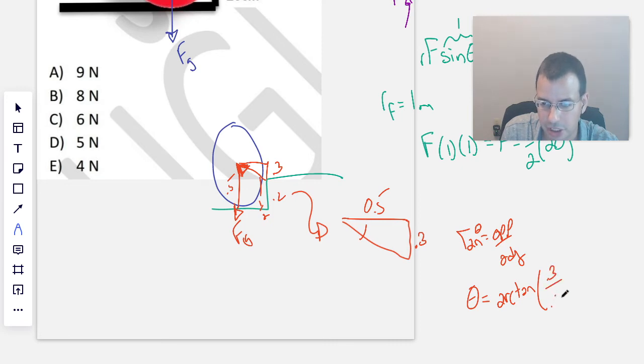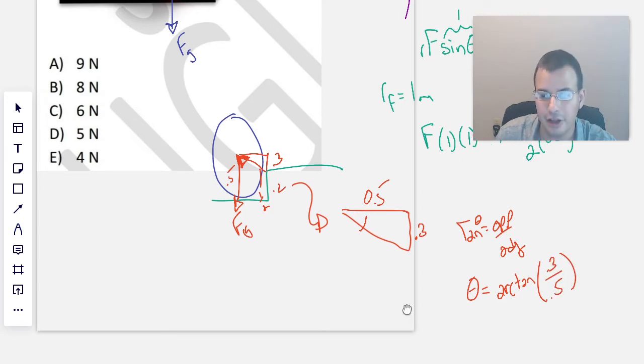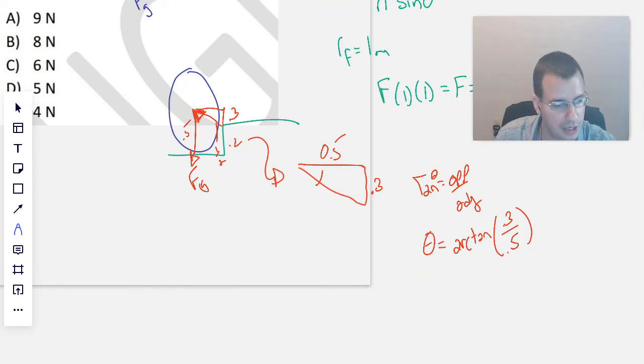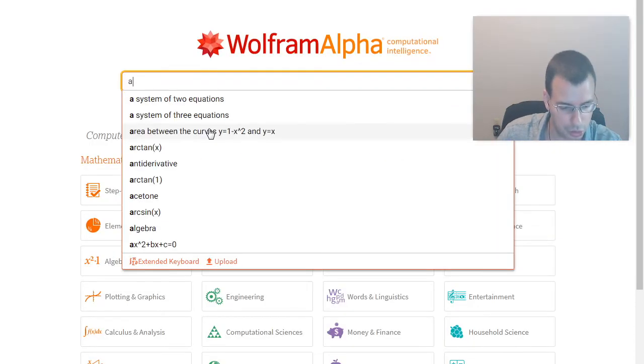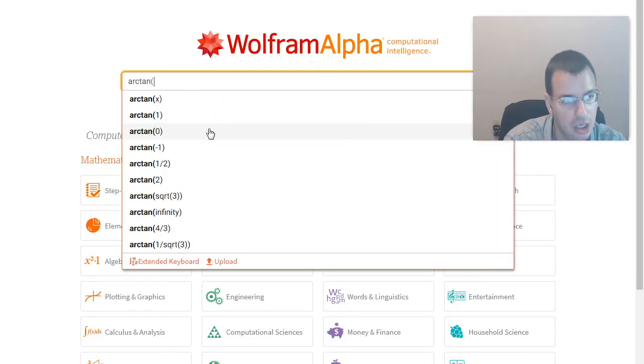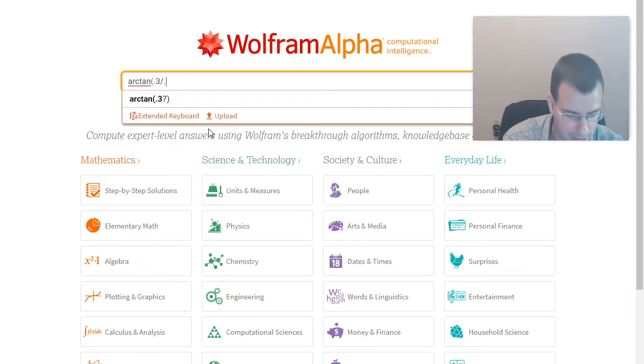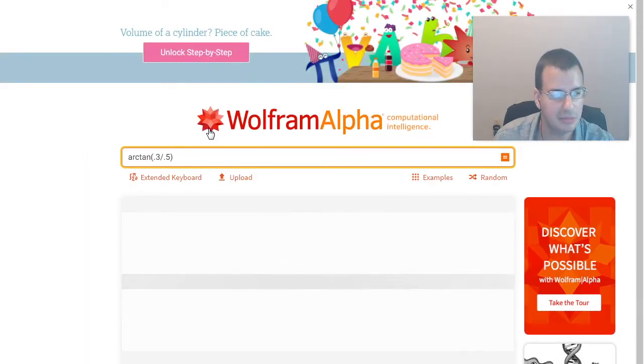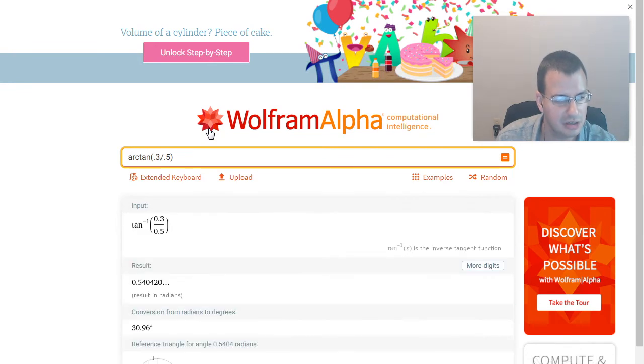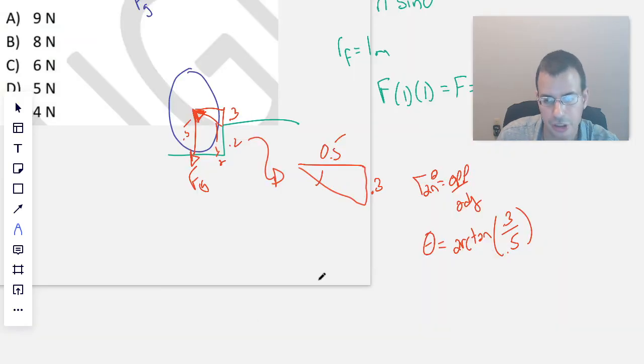Opposite, which is 0.3, 0.5, and then we're going to go to Wolfram real quick. So we'll do arctangent of 0.3 divided by 0.5, we get 30 degrees? Maybe it's 30. No, yeah, actually 30. I'm going to call this 31. I'm going to go with 31. So I'm going to say this is kind of sort of 31 degrees.